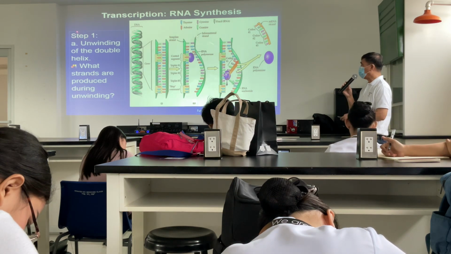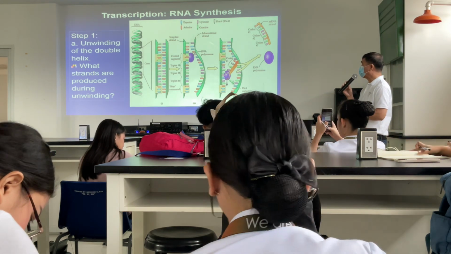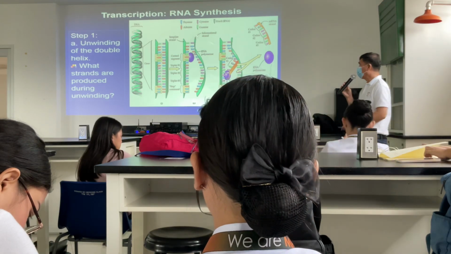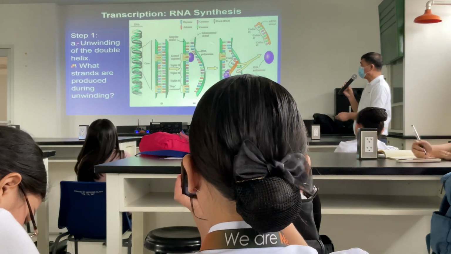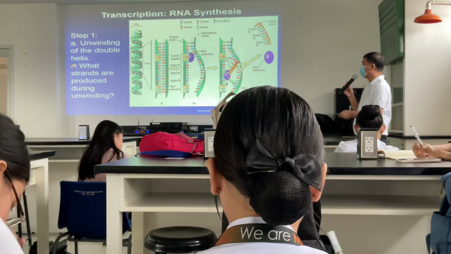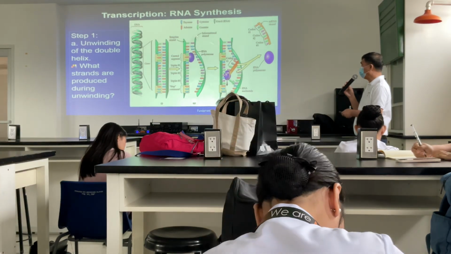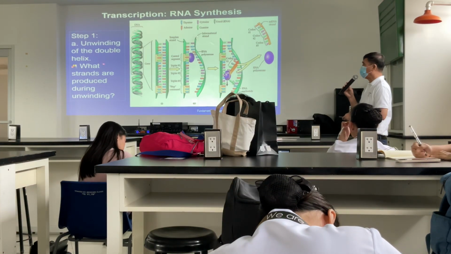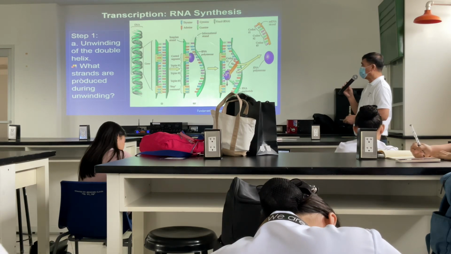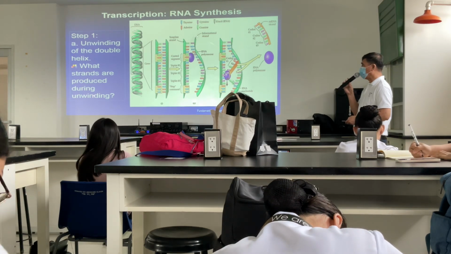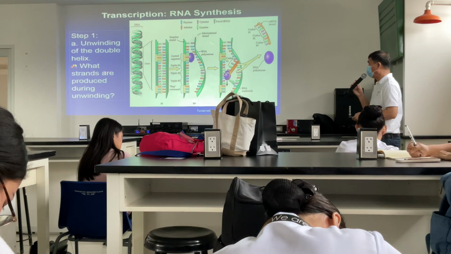So step one, for transcription to occur, the double helix must unwind. When the double helix unwinds, what will happen? What strands are produced during unwinding of DNA?